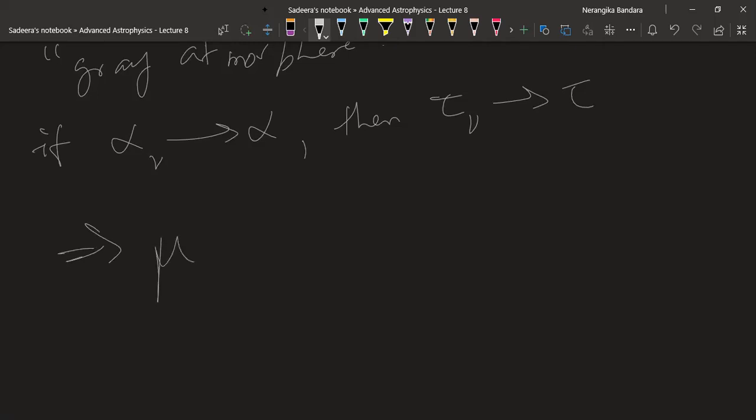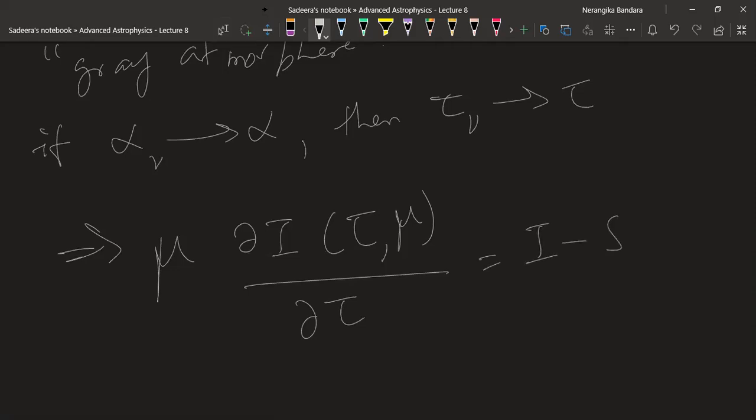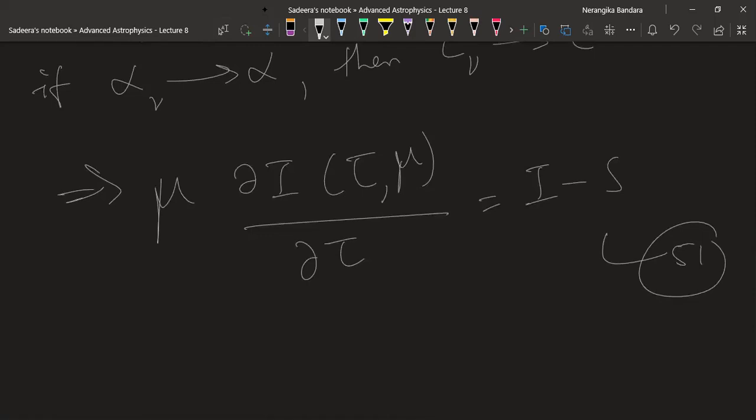I'm not going to put the equation number. This is a very standard equation that we have used before. It allows us to get rid of all these frequency terms. That's the point. It's not a new equation, it's the same equation we've had before, just with no new terms.